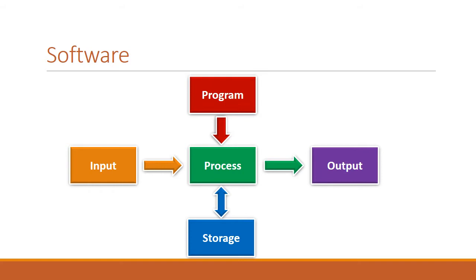Let's take, for example, text messaging. You want to text a message to your friend. So you take out your smartphone. On your smartphone, you have a program. This program is your text messaging program. So you open up your text messaging program and you start typing in a text message to your friend. Your input is your text message that you're typing on the keypad that is offered to you on your smartphone.